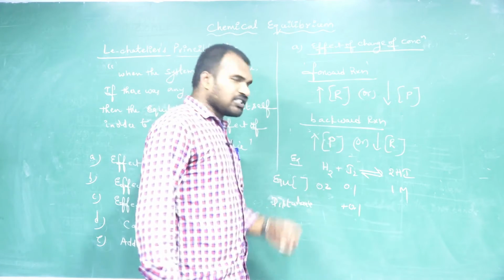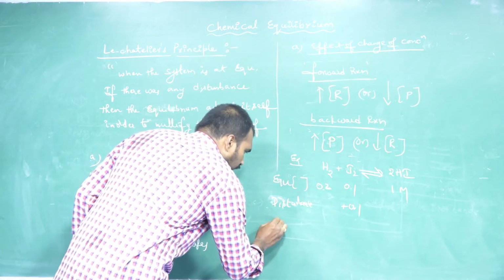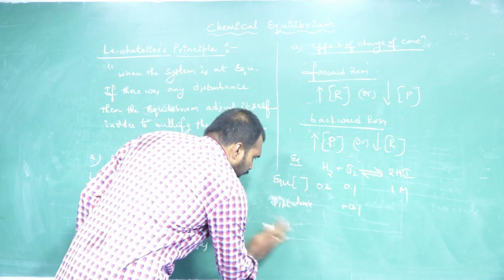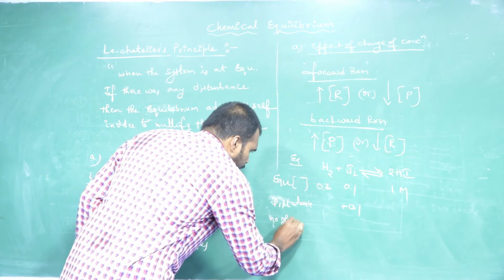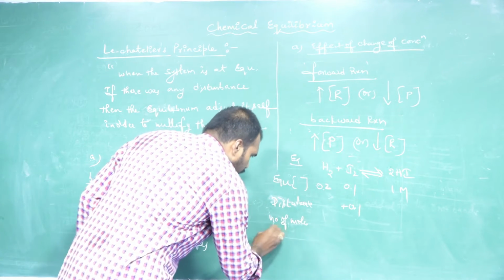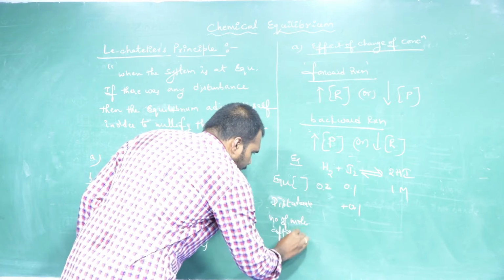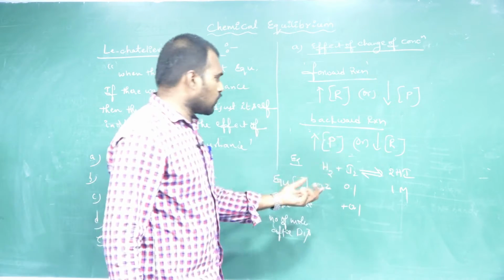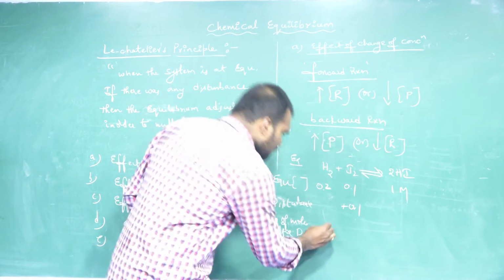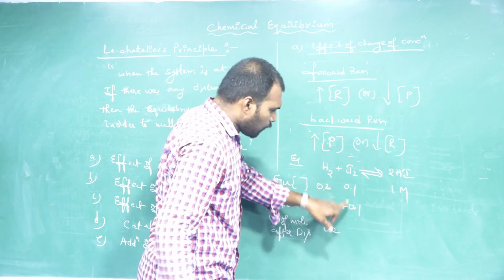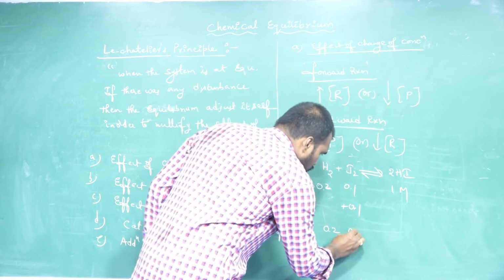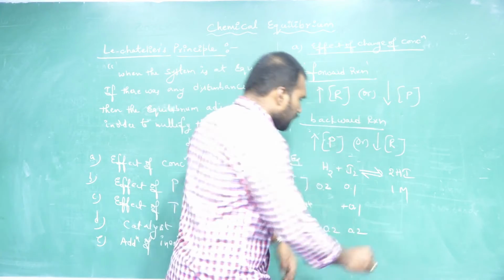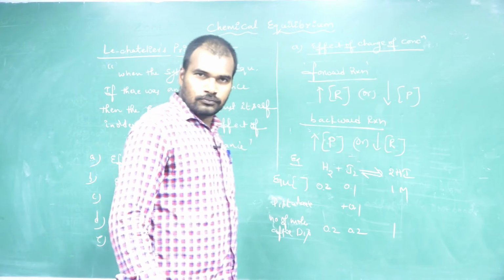So after immediate disturbance, what is the number of moles of all after disturbance? It remains the same, and it becomes 0.1 plus 0.1. What is that? 0.2, and it will remain 1.